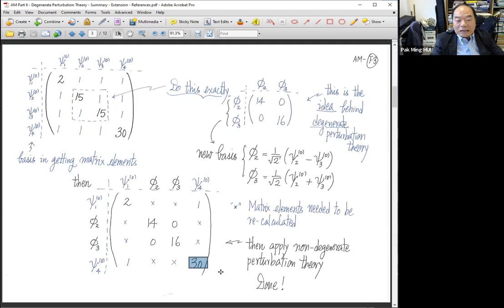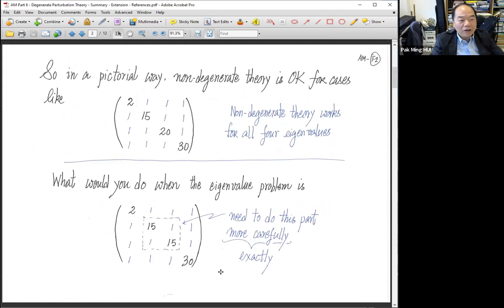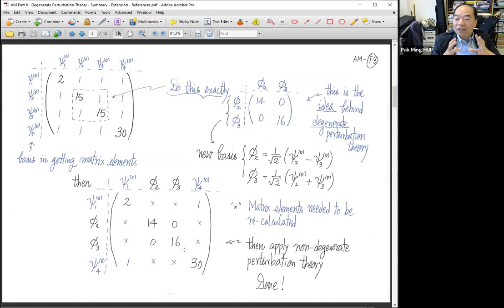Okay, now this is the idea behind degenerate perturbation theory. Let me recap the key point. In a big matrix, if you have a part with the same diagonal values, you take that part and do it seriously, exactly. If you do that, you already get a big part of the answer.